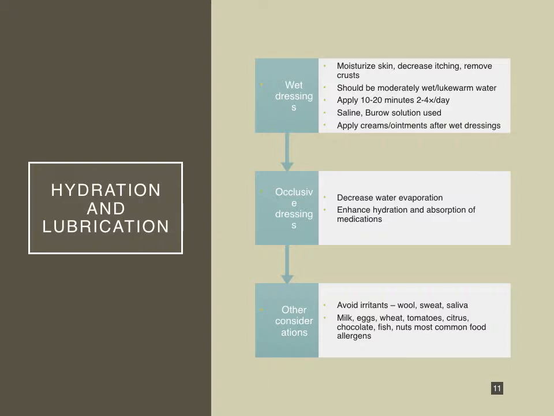And in terms of hydration and lubrication, irritating substances like wool should be avoided. Sweat and saliva are going to be irritants. We see saliva as an irritant in babies that drool a lot. They can sometimes develop a dermatitis around their mouth just from the saliva.